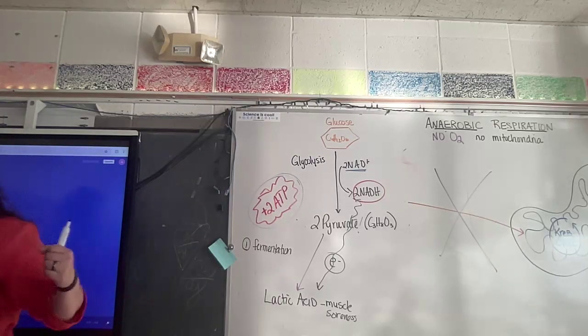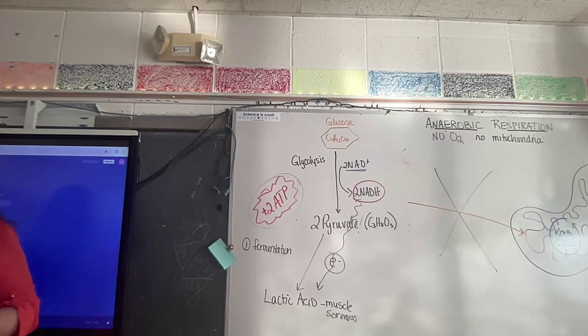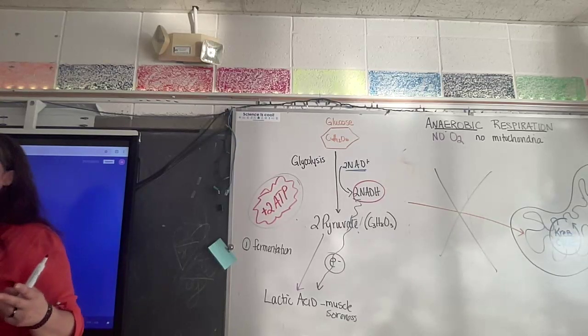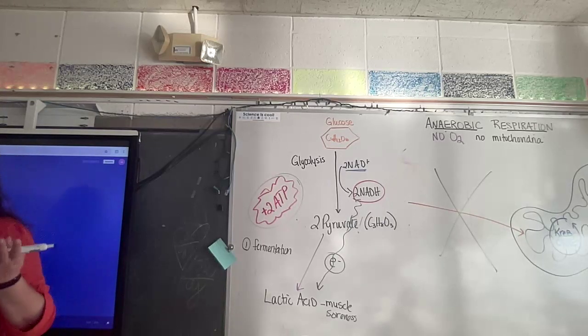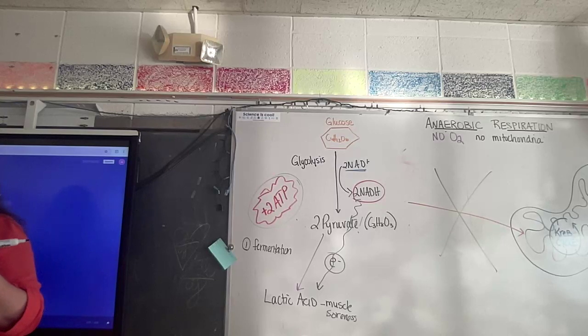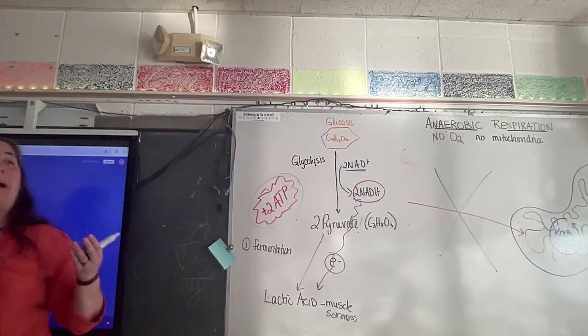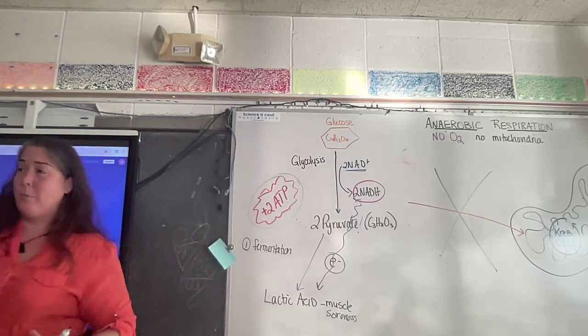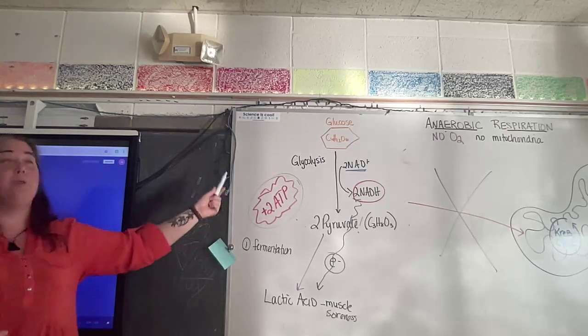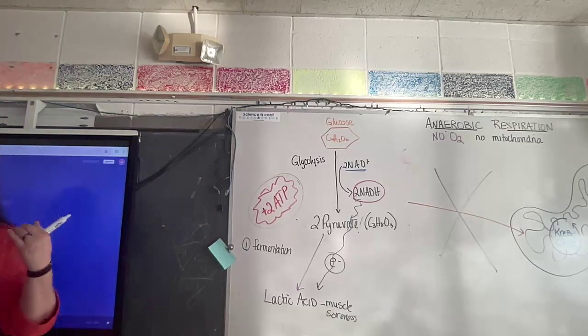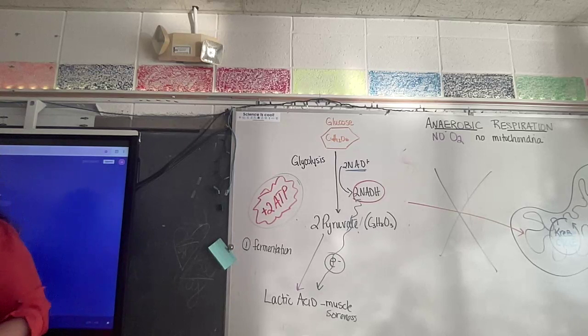Do you breathe heavy when you weightlift, compared to when you're running? Think about running versus weightlifting. Is weightlifting an aerobic exercise? It's not, right? So there's not enough oxygen in your muscle cells, and you go into glycolysis because your body is trying to produce more ATP for you to be able to lift those weights.